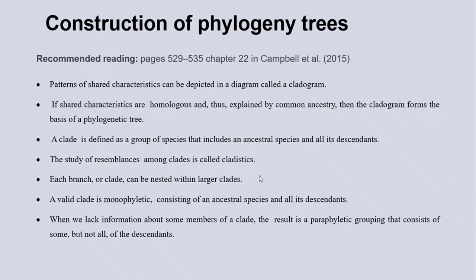So you have paraphyletic groupings, where other members of the descendants are missing. In such a situation, you will have to do reconstruction to uncover certain species that tie these groupings together into monophyletic clades.